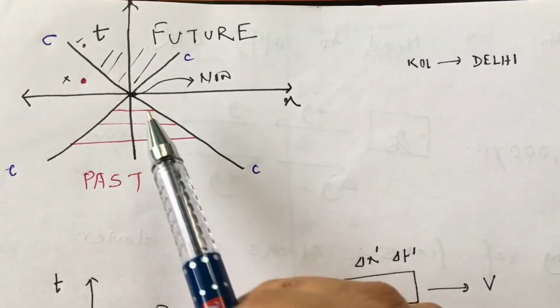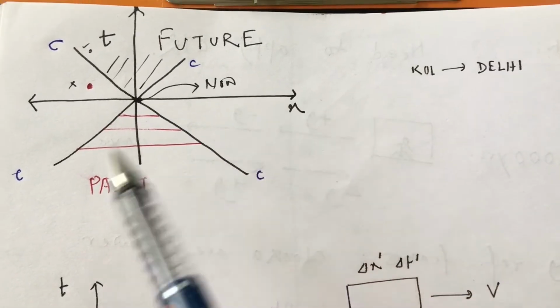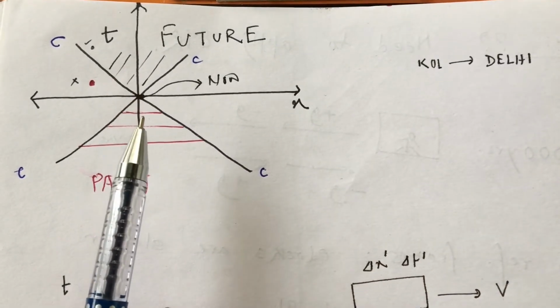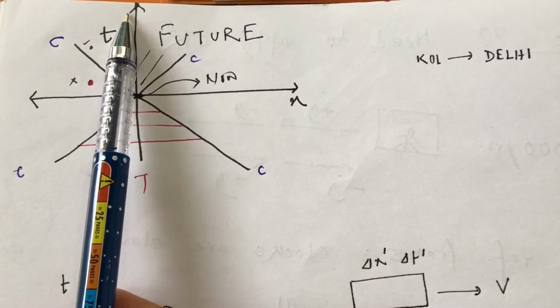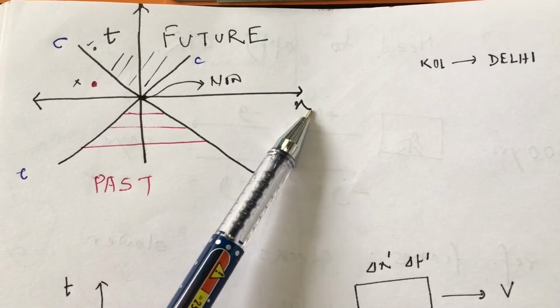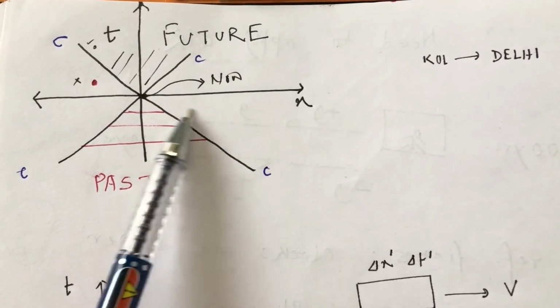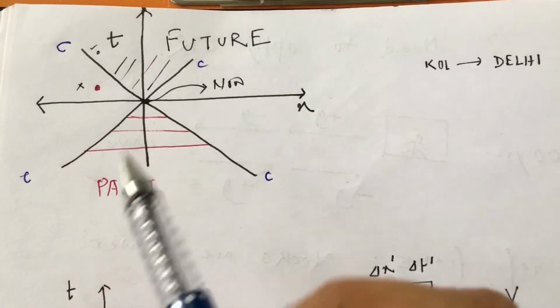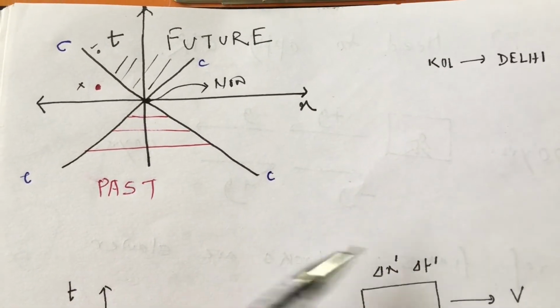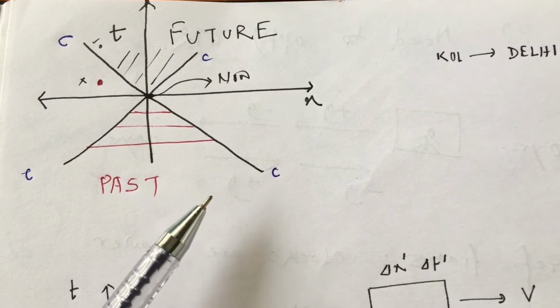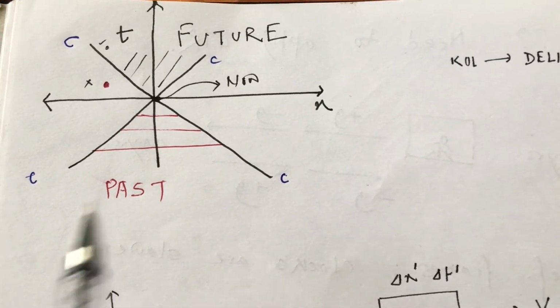Let us draw the time and space diagram, but in a little complex way. This is my time axis going always in the positive direction. This is the position axis. I can go right, I can go left. These straight lines correspond to the speed c, a 45-degree angle straight line.